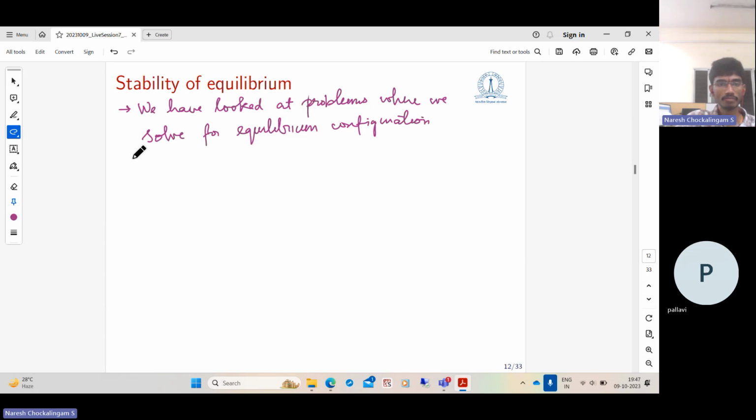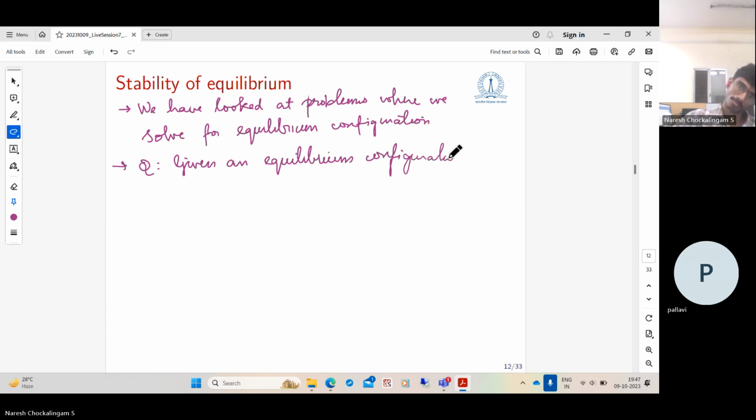But suppose we ask this question, given an equilibrium configuration, say, suppose I have a beam or something subjected to some load, and suppose I'm given that this is the deformed shape. Delta is known, V as a function of X is known. Suppose given an equilibrium configuration, is it stable?